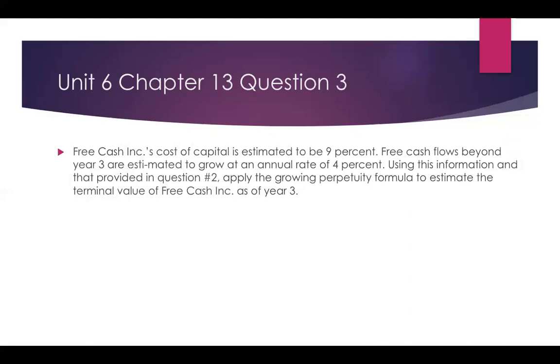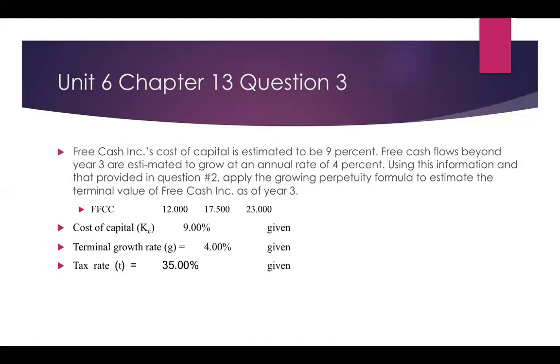Using this information provided in number 2, apply the growing perpetuity formula to estimate the terminal value of Free Cash Inc. as of year 3. We know that the year 3 free cash flow was 23. And we also know the givens that we had in number 2.